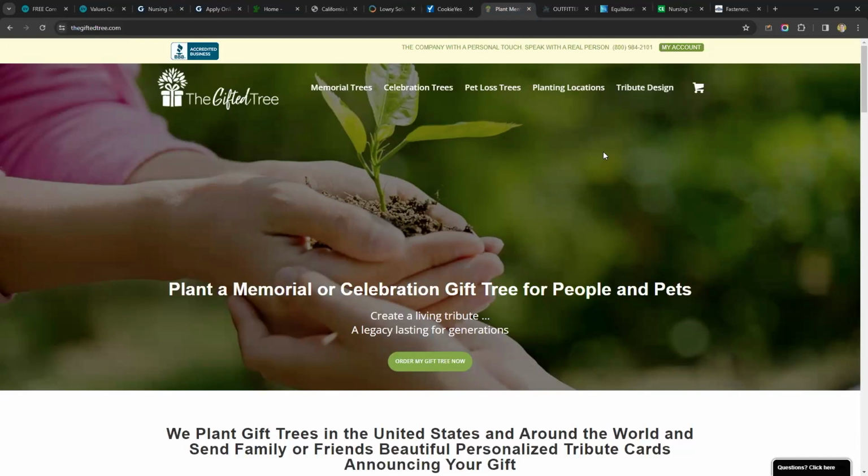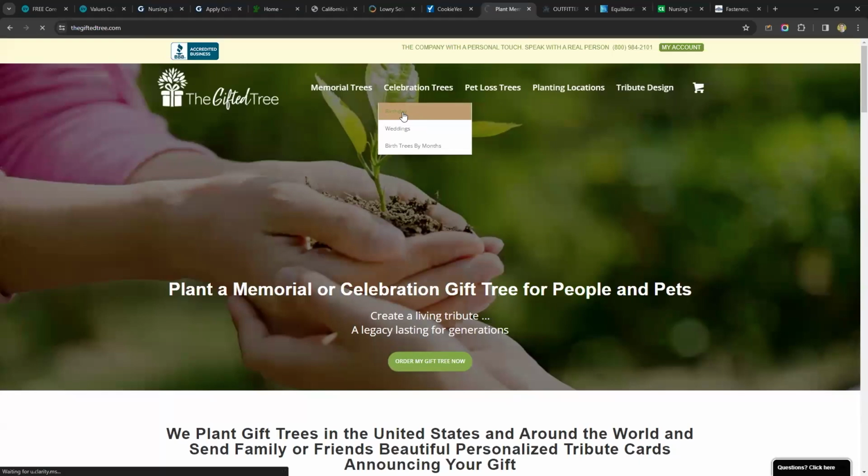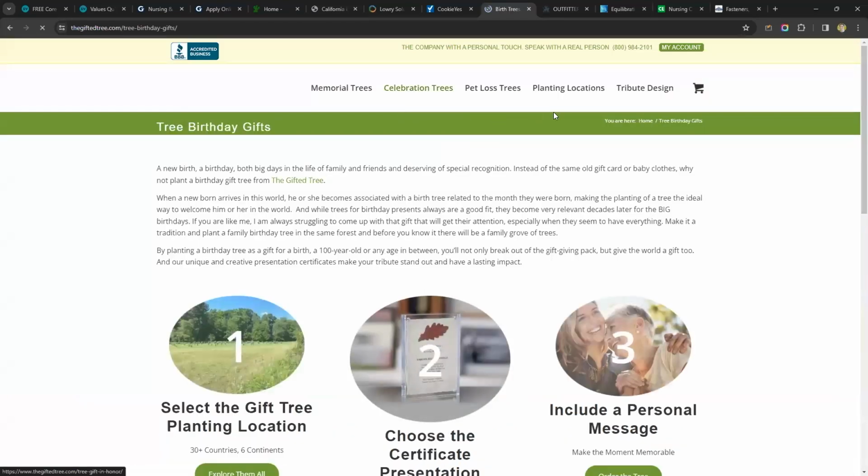All right. So let me tell you here that the gifted tree, all right, plant a memorial tree. The issue here is when I go down here and I click on birthday or whatever it is, the gifted tree or celebration trees, I really would like some words underneath here, underneath the gifted tree, that tells me what it is, why I want to do a gift of the tree.